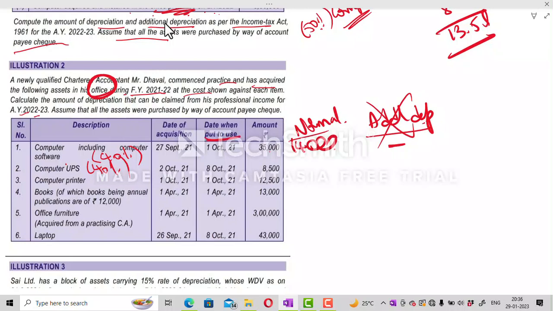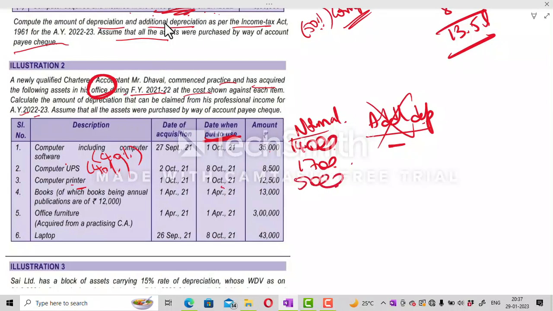UPS, computer UPS means computer and its accessories, 40%. See, put to use, this one we have to see after 3rd October. So, it is for 50% only we can take, means 20%. 8,500 into 20%, 1,700. Computer printer, see, it's a computer accessory and put to use before 1st October means 40%, 12,500 into 40%, 5,000.